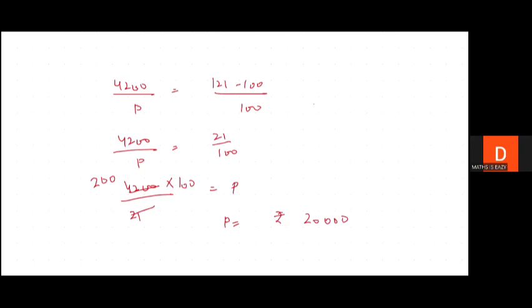We will write the sum of money borrowed equal to rupees 20,000. Nothing else is there. Only one thing we have to take care about, that we have to put the values carefully and do the calculations carefully, nothing else.